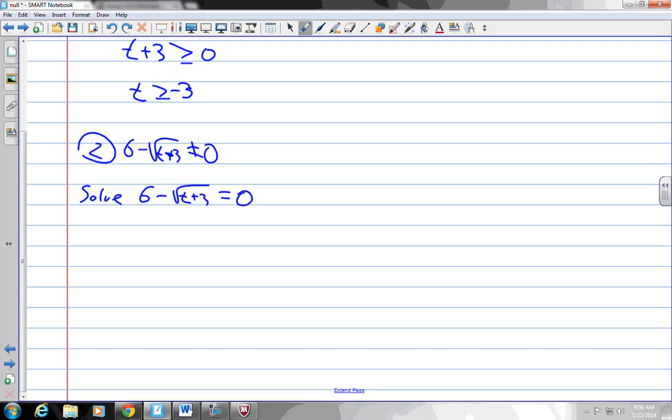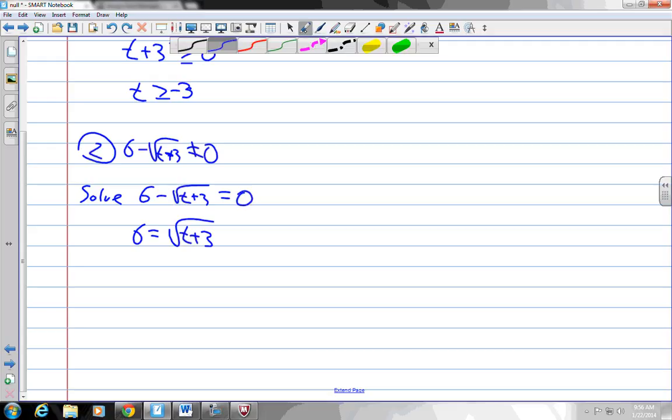So how do we solve equations like that? Yeah, separate. This equation involves radicals. First step is to isolate the radical. So move everything. Now what? Square everything, kill the radical.